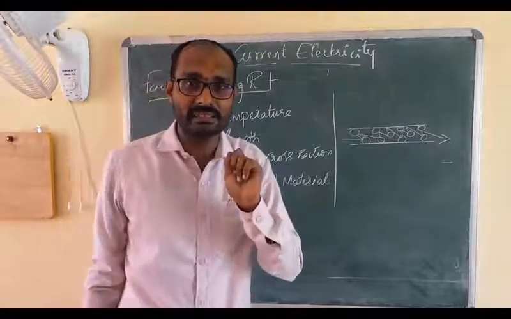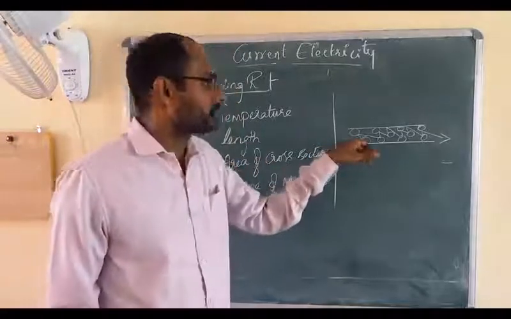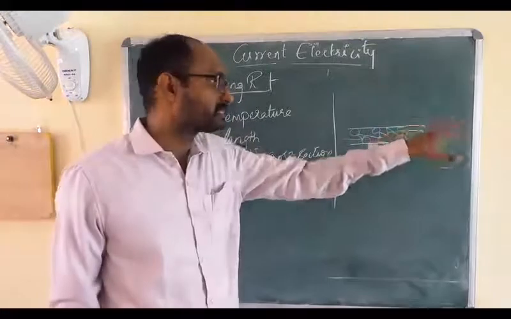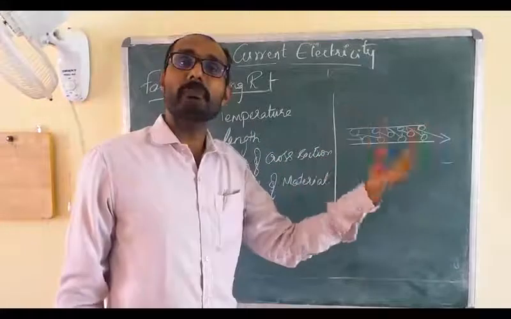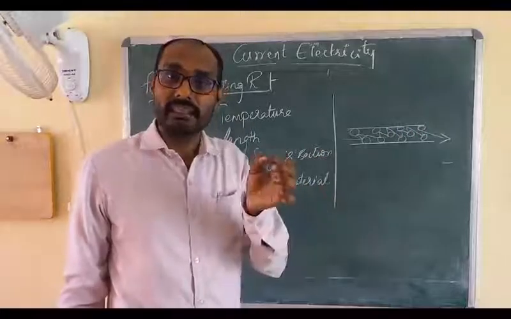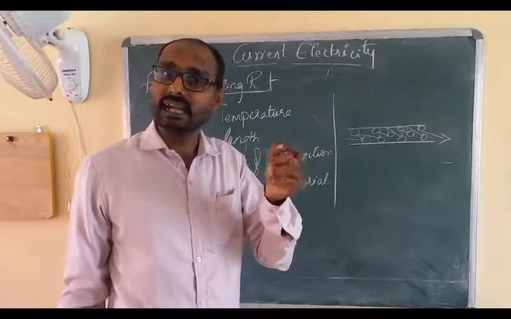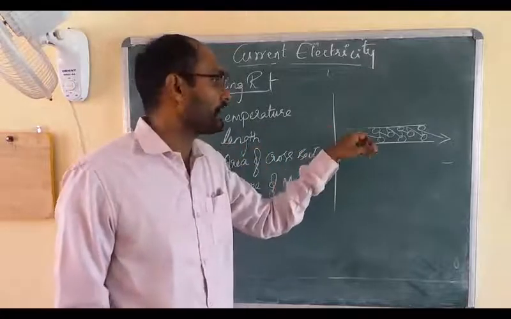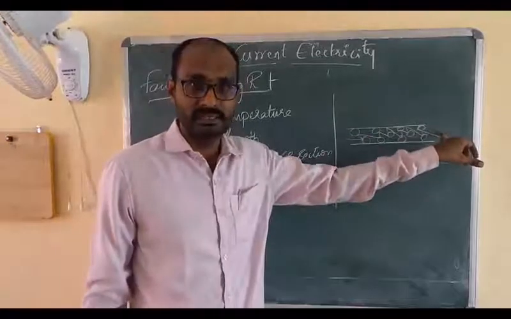That means their kinetic energy increased. The electrons would find it more difficult to go to the other end, and so they undergo more collisions. More collisions means the electron is losing its kinetic energy, and it takes more time to travel from one end to the other.